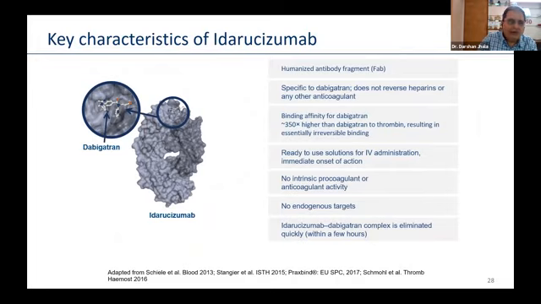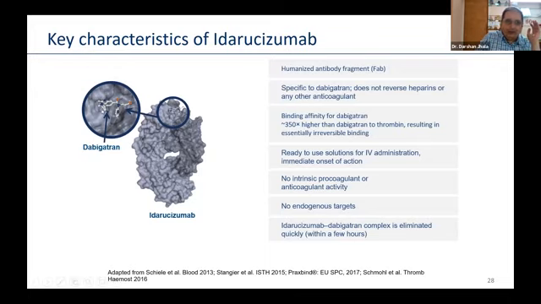So how does dabigatran act? It goes and sits on the activated thrombin and does not allow the thrombin to act. So what idarucizumab does is occupy the same site which is occupied by thrombin. So dabigatran and idarucizumab form a complex which does not have any anticoagulant activity, and it stops the action of dabigatran completely.